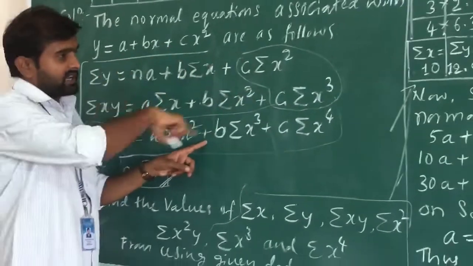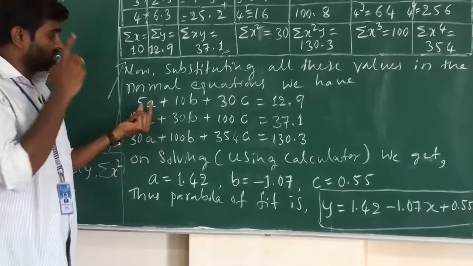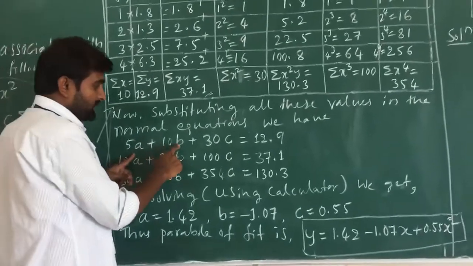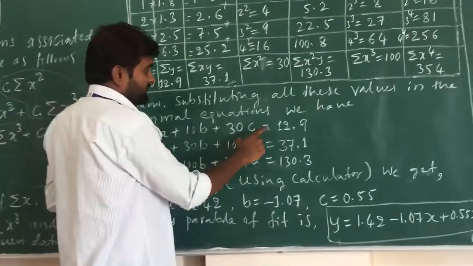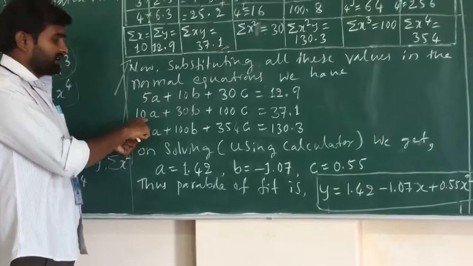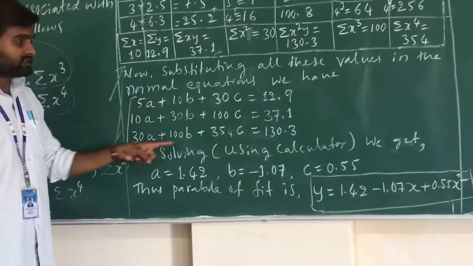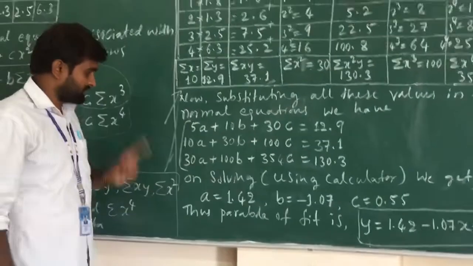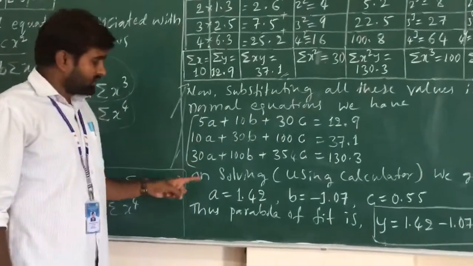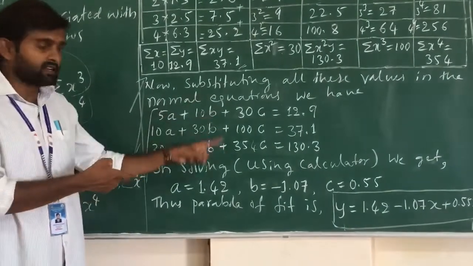Substituting in the normal equations, you get 5 into a plus 10 into b plus 30 into c equal to 12.9. Similarly, 10a like this. After substituting, you get these three equations. Fine. After getting these three equations, again the same procedure: solve these three equations simultaneously.